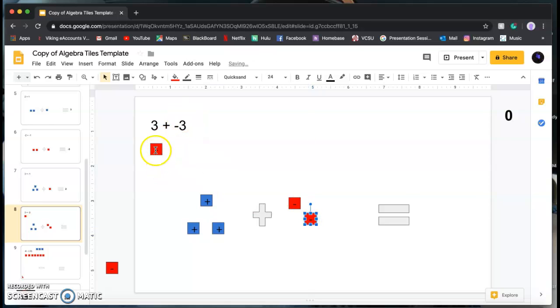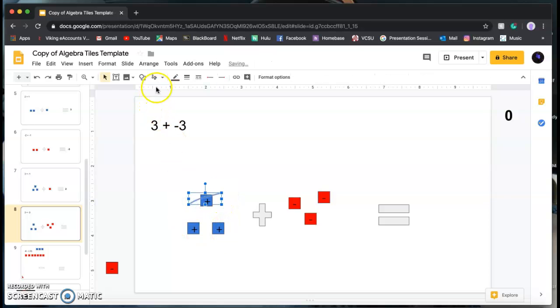And now for my last question, we talked about the zero principle and how a positive and a negative can cancel each other out. Well, if you look, I have 3 positives and 3 negatives, so they would cancel each other out. There's 1 that I can cancel out. So now I have 2 positives and 2 negatives.